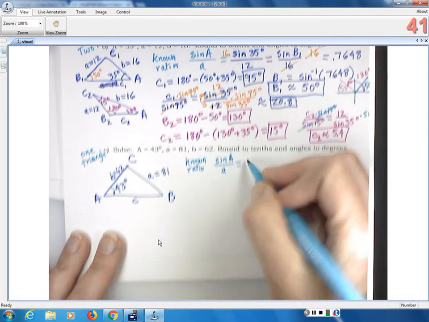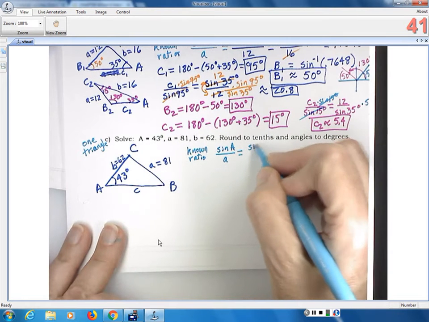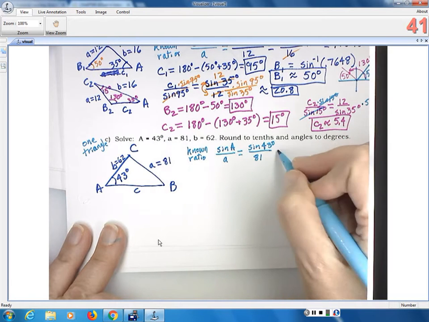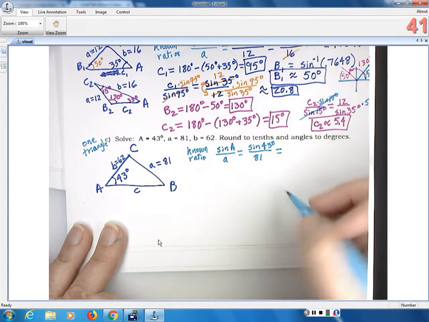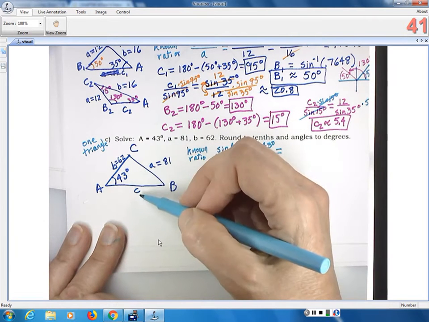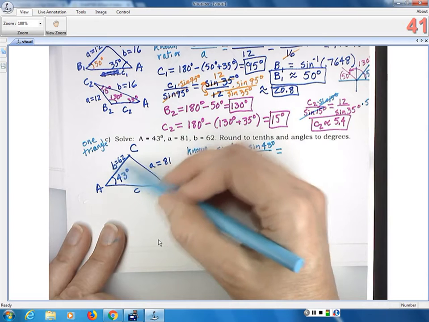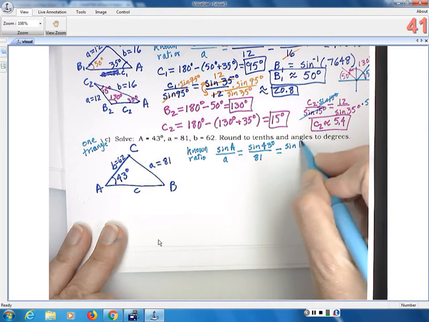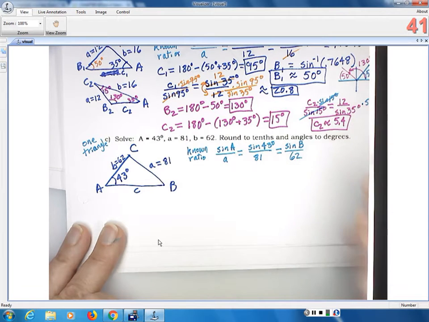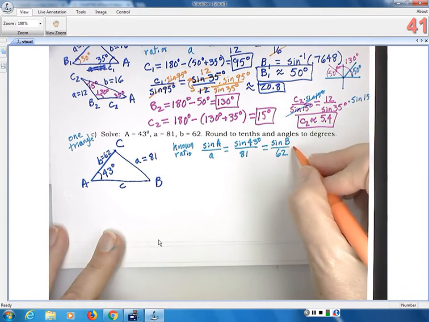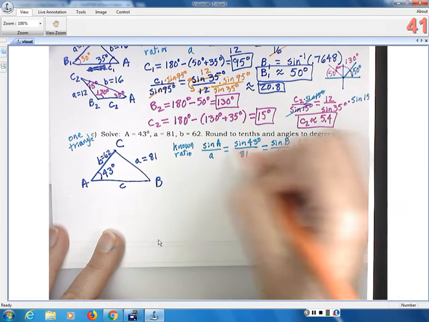All right, I'll just do it this way. Sine of 43 divided by 81 equals, we have to use the one where we know the length, so sine of B divided by 62. We're going to solve for sine of B, so we're going to multiply by 62.